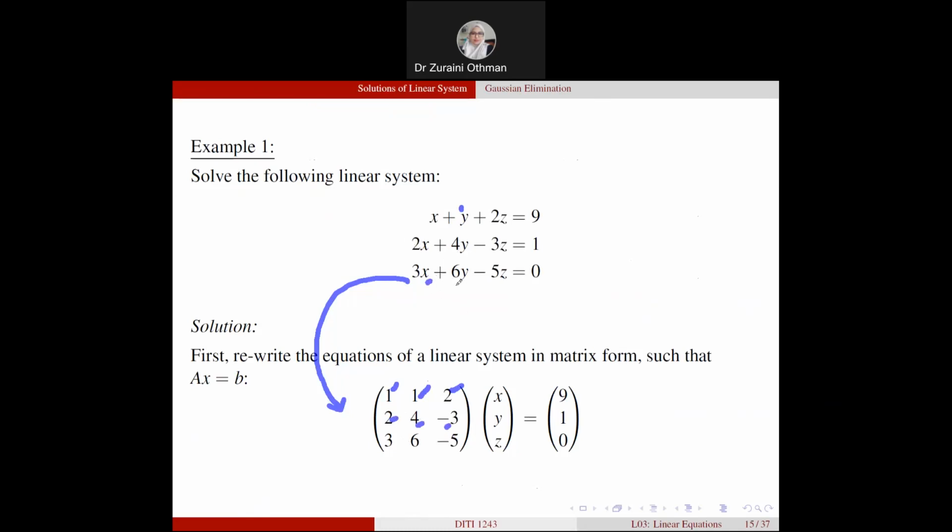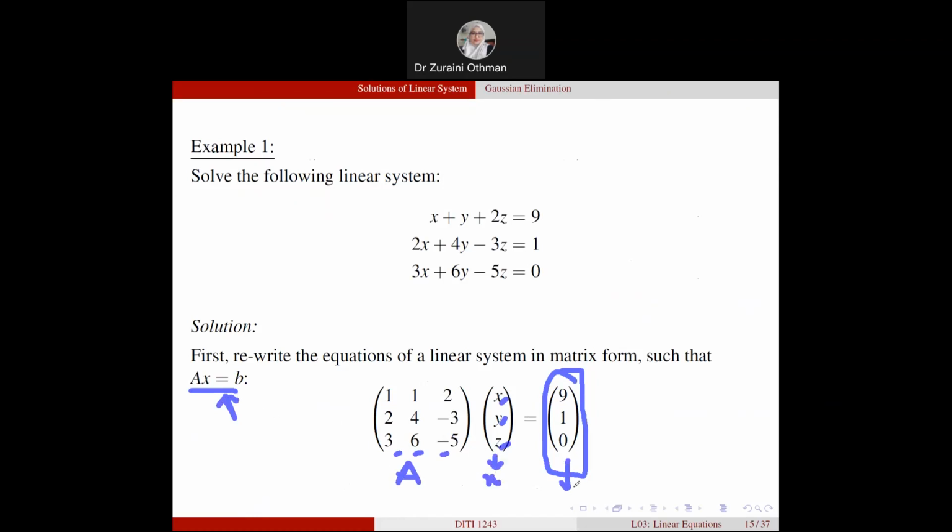For the third row, 3, 6 and negative 5, so here we put 3, 6, negative 5. Now we have x, y, z, and this is our solution for the values of b. This is our matrix A, this represents our X, and this represents our B matrix. This is the A matrix, X matrix, and B matrix.